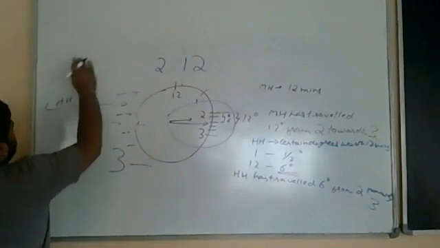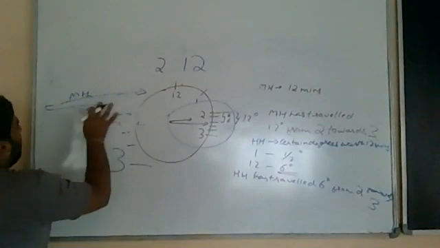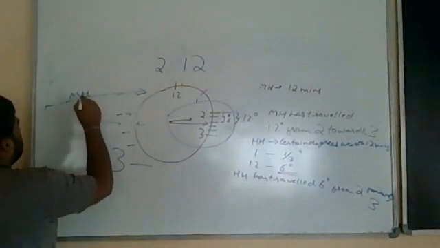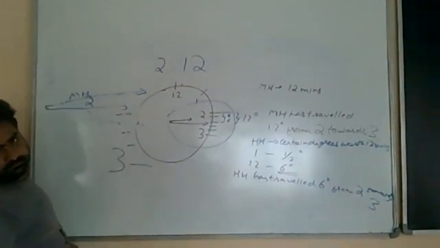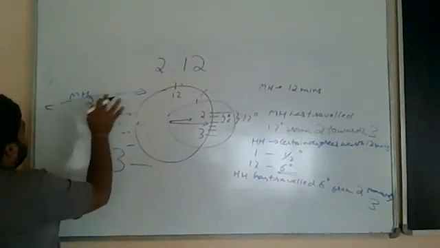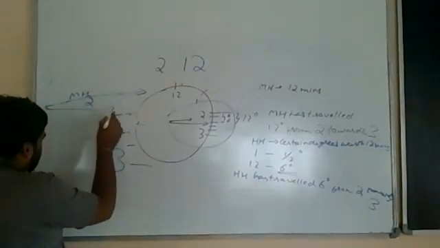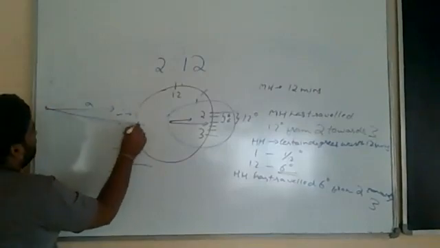At 2:10, the minute hand has reached here. But the hour hand is again moving slowly from 2 towards 3. Slowly it is moving forward. At 2:12, the hour hand has reached somewhere here only, but the minute hand has reached this position.